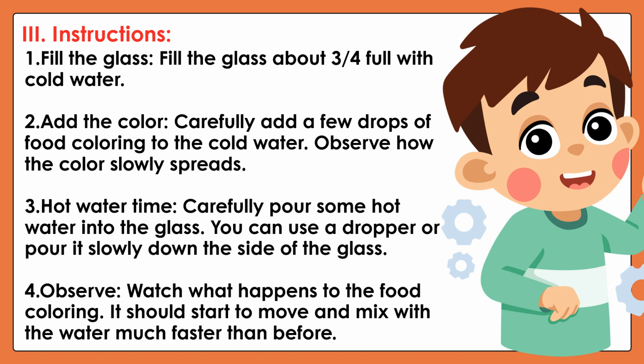Carefully pour some hot water into the glass. You can use a dropper or pour it slowly down the side of the glass. And fourth, observe. Watch what happens to the food coloring. It should start to move and mix with the water much faster than before.